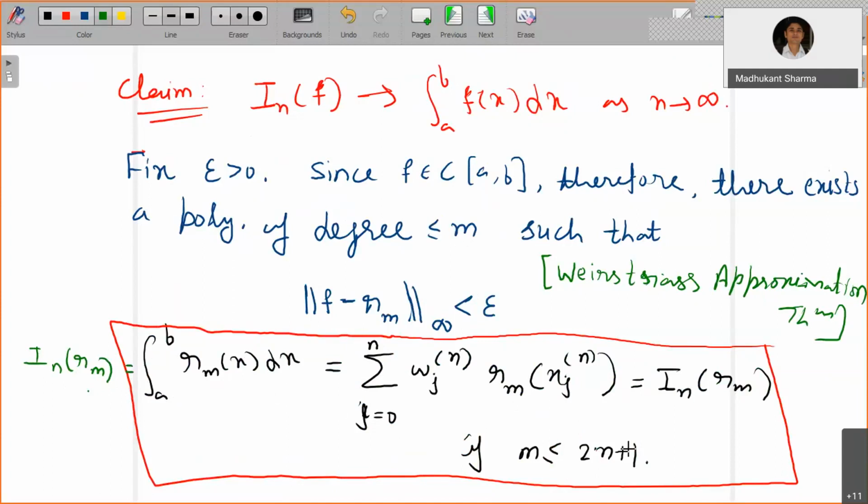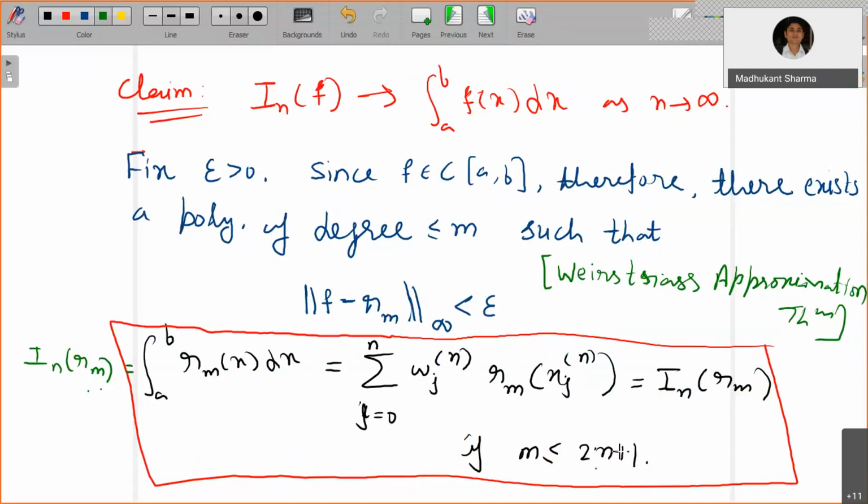When m is greater than 2n plus 1, we don't know, or there will be error. So we also note that In of Rm is equal to the integration a to b Rm of x whenever m is less than or equal to 2n plus 1, because the formula is exact for polynomials of degree less than or equal to 2n plus 1. Okay, right.